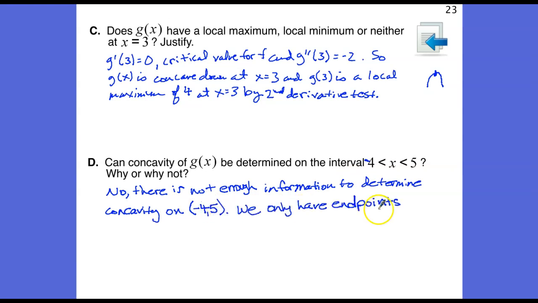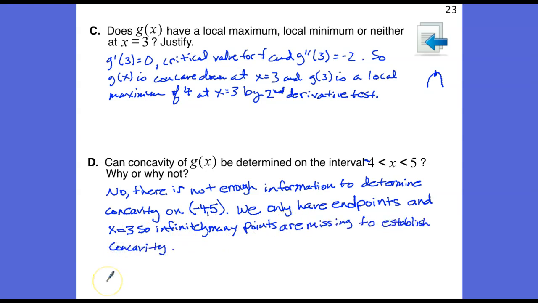We only have endpoints and x equals 3, so there are infinitely many points missing to establish concavity. If they'd given us a graph, we could have made an argument. But because they gave us a table, that's discrete information, and it doesn't deal with a continuous function in such a way that we can talk about concavity of that function.